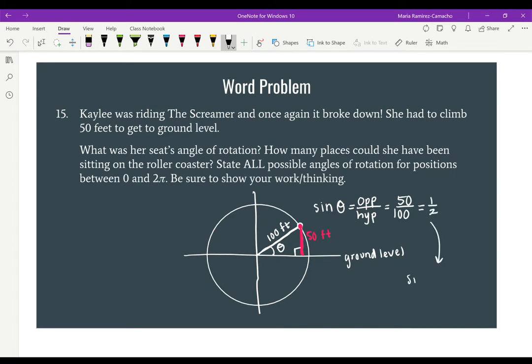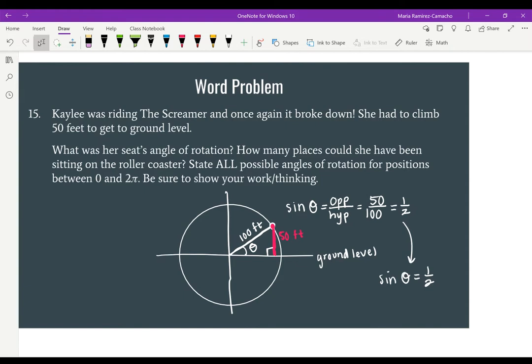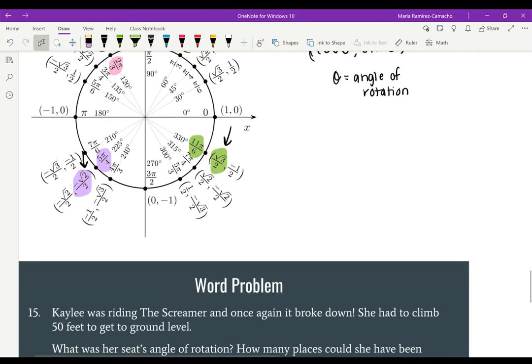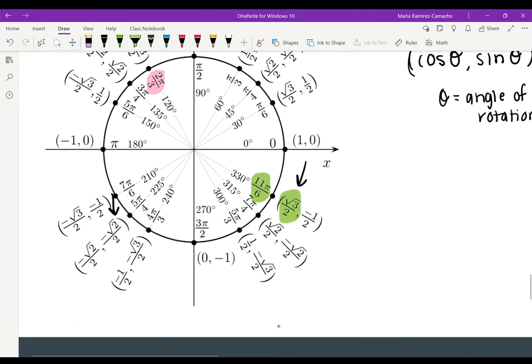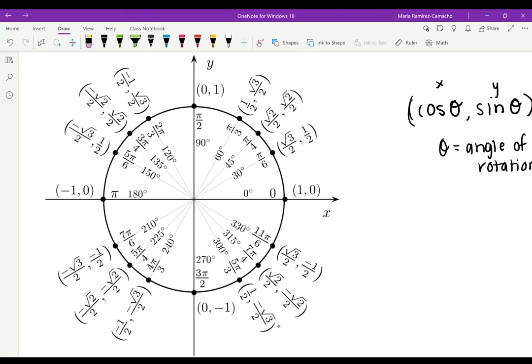So rewriting this down here, what values of theta would make this equation true? This is kind of like number 13 from the last slide. You could consult your unit circle here. So what angles on the unit circle have a sine value of 1/2? Let's see. I'm gonna erase some of this highlighting.